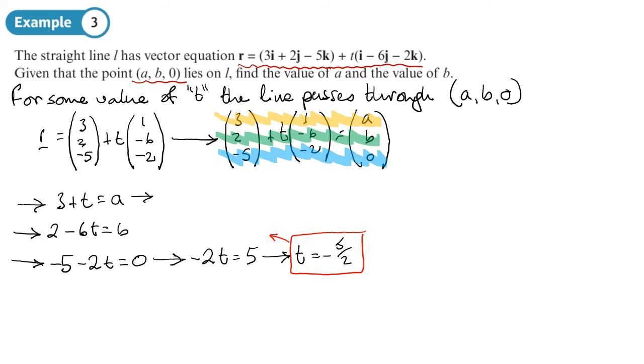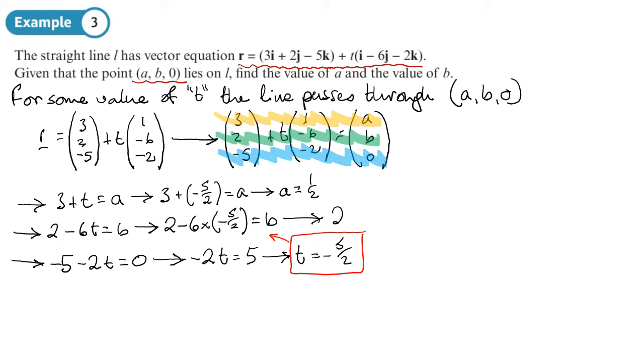So this will be 3 plus negative 5 over 2 equals a. That's like 3 minus 2.5, so a equals a half. Then for this row down here, it's going to be 2 minus 6 times negative 5 over 2 equals b.